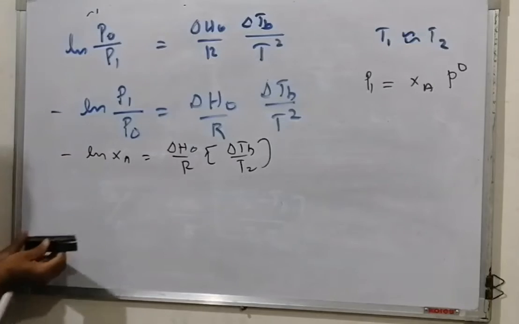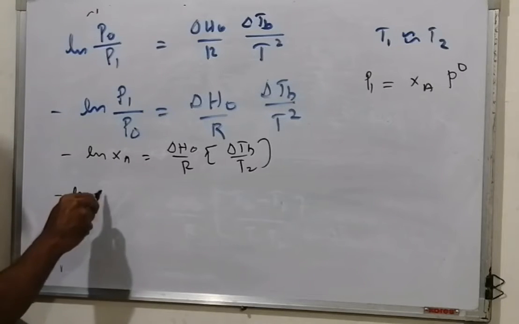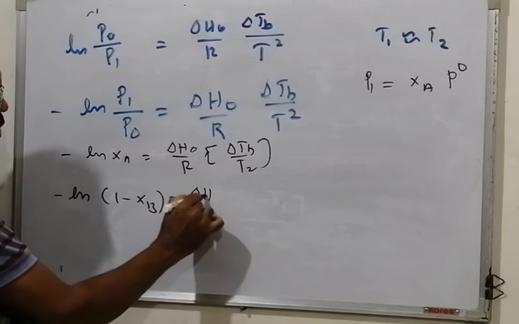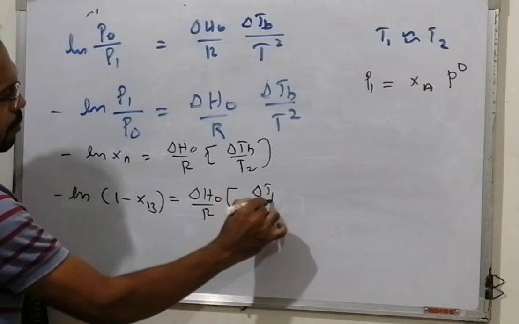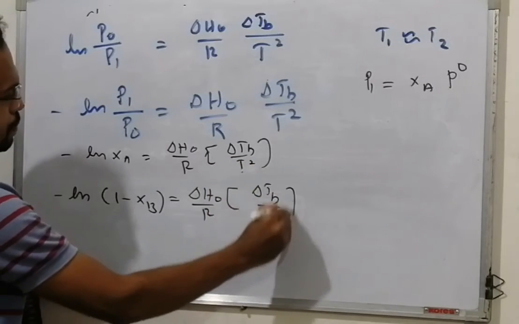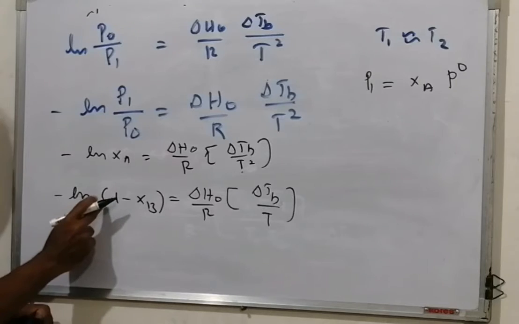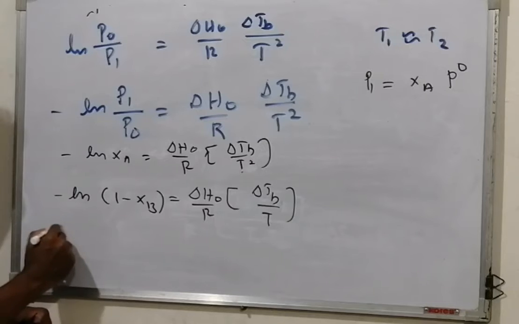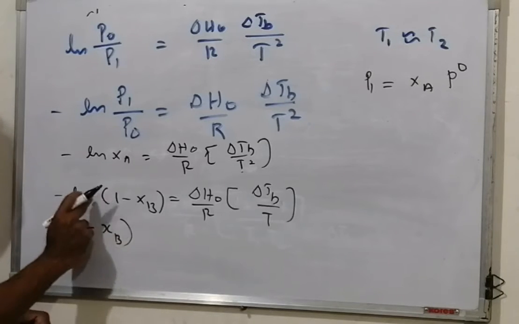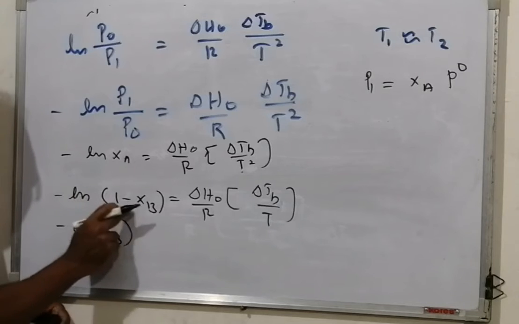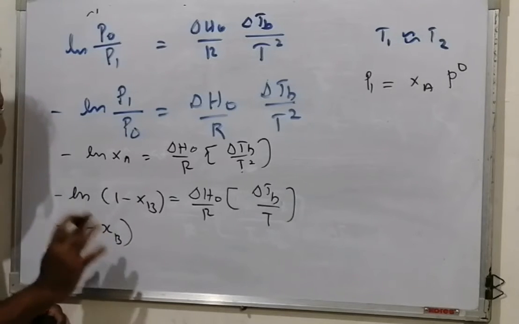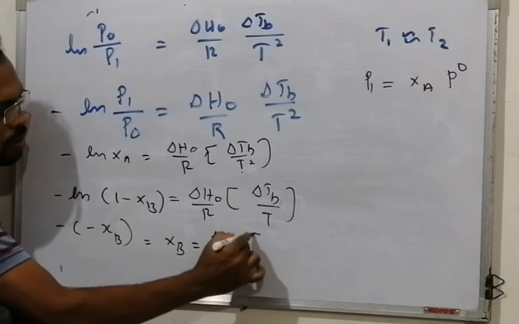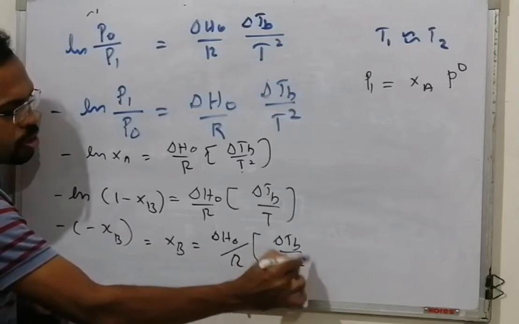Now, minus ln XA means minus ln (1 minus XB) is equal to delta H0 by R into delta Tb by T square. Now ln (1 minus XB) is almost equal to minus XB. This is mathematics: if XB is very small, ln (1 minus XB) is equal to minus XB. Therefore, XB is equal to delta H0 by R into delta Tb by T square.